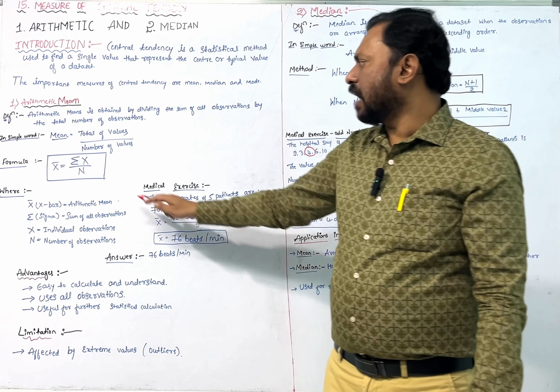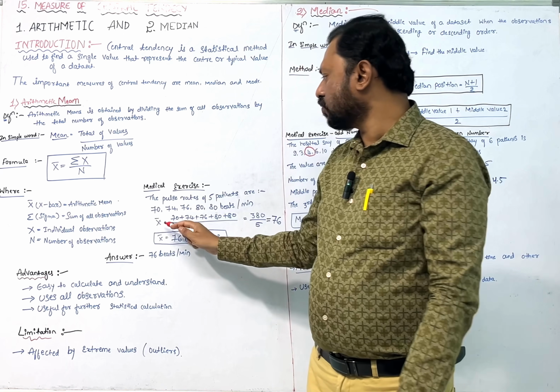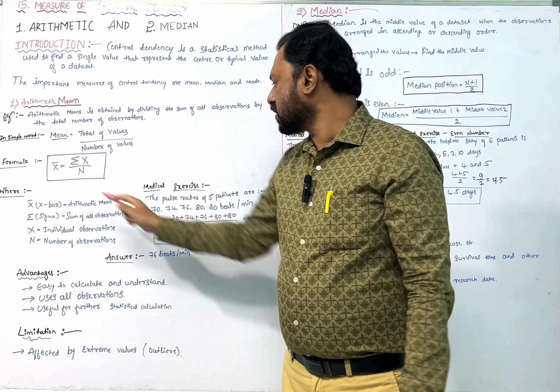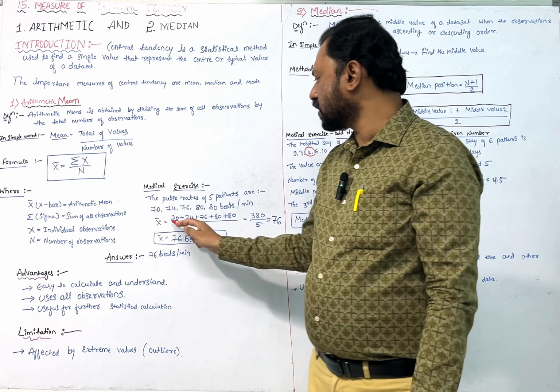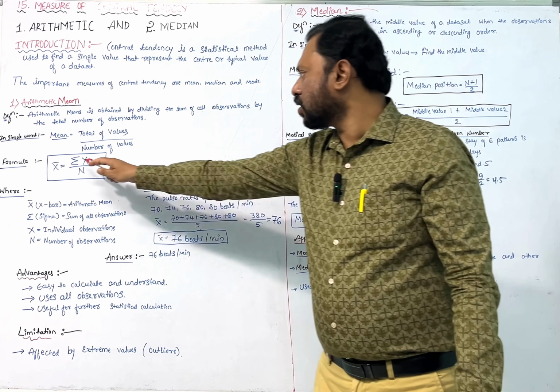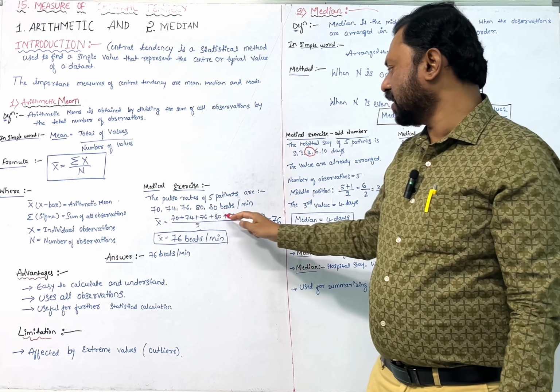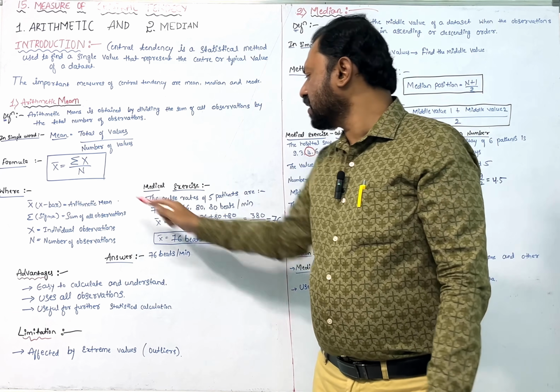To calculate the mean, we put these values in the formula. x bar, the mean, is equal to the sum, 70 plus 74 plus 76 plus 80 plus 80, divided by n. n is 5 because there are 5 patients.